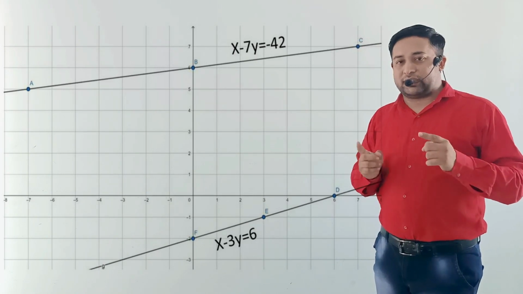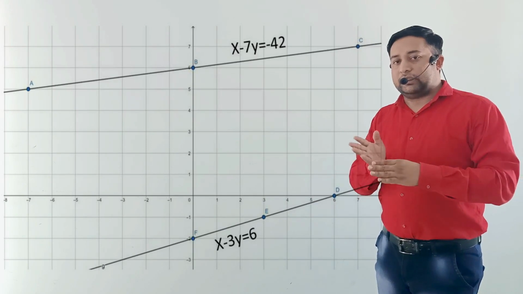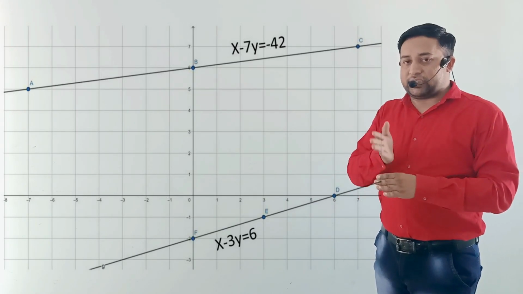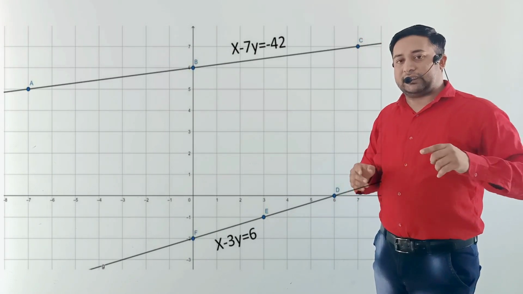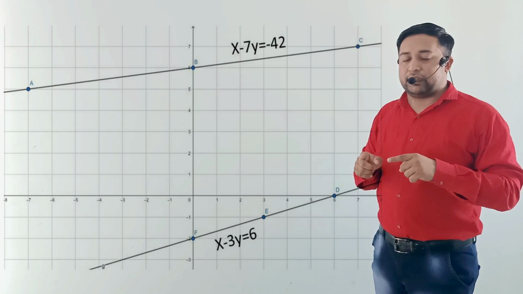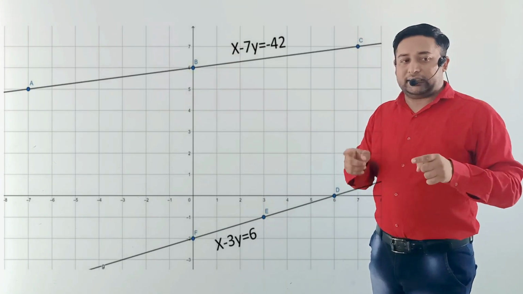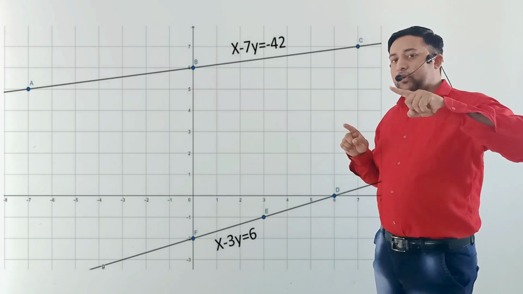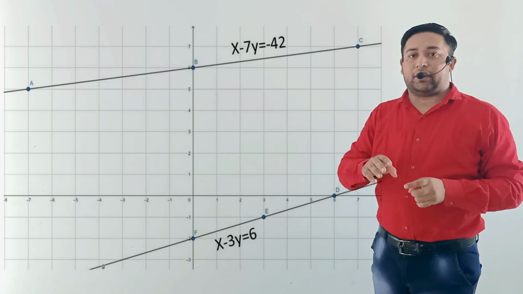Here you cannot see your graph, but when they are not parallel or inclined with each other, I cannot show you this graph intersecting. But when you draw this graph, you are going to note that these two lines are going to intersect with each other at some point, because they are not parallel.